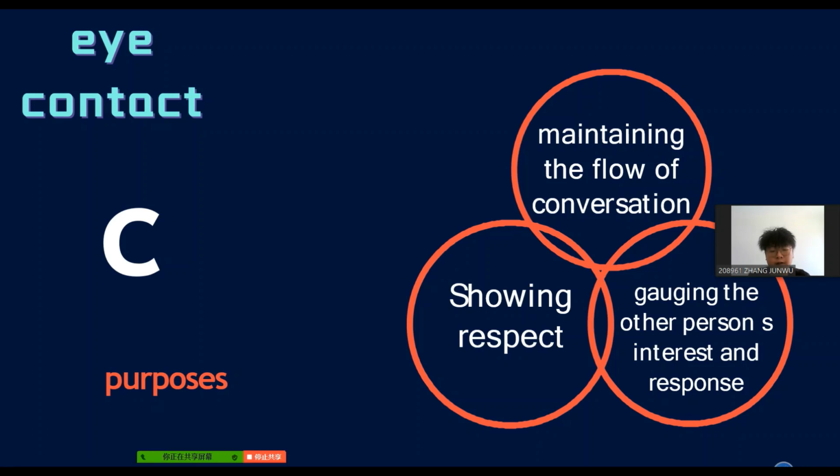Secondly, some necessary eye contact during a conversation can measure the other's interest. If the other person is not interested in what we're saying, we can change the topic in time. Finally, some proper eye contact can show respect.